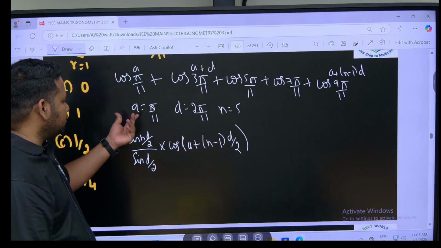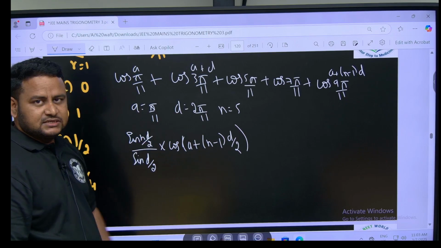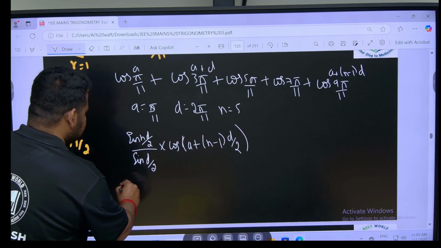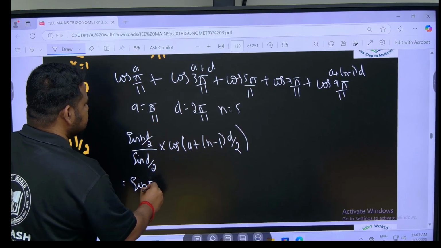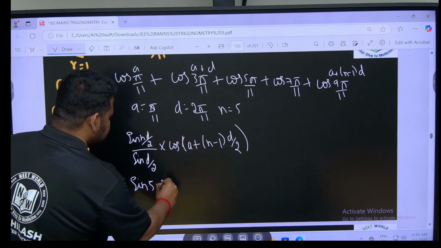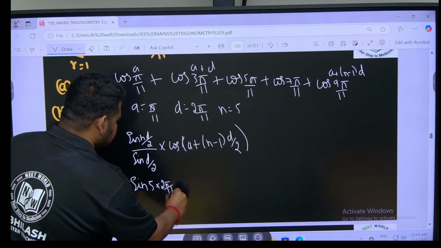We know a, we know d, we know n. So this will be equal to sine of 5 times d by 2. What is d by 2? It is 2 pi by 11 by 2.